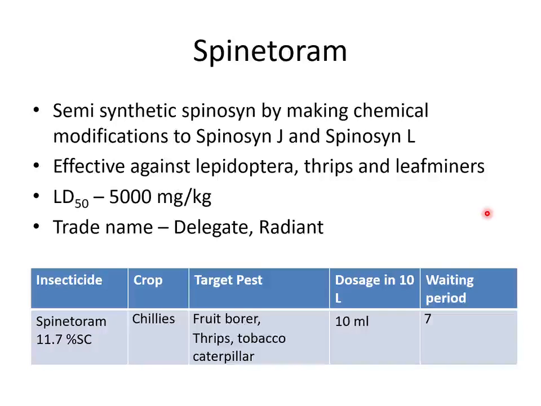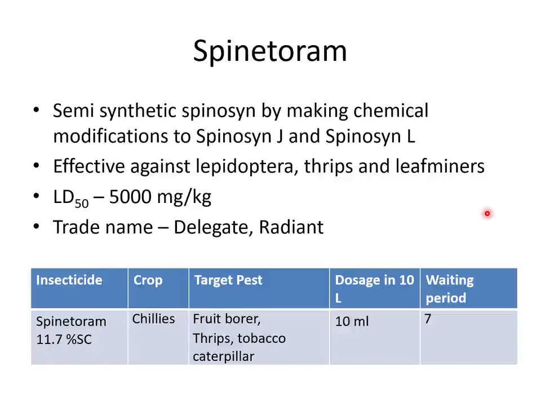Coming to the next chemical, that is spinetoram. Spinetoram is again a combination of two spinosyns, spinosyn J and L, but they are not the true spinosyns derived from Saccharopolyspora spinosa. They have slightly modified spinosyn J and L to increase its activity, so it is called semi-synthetic.